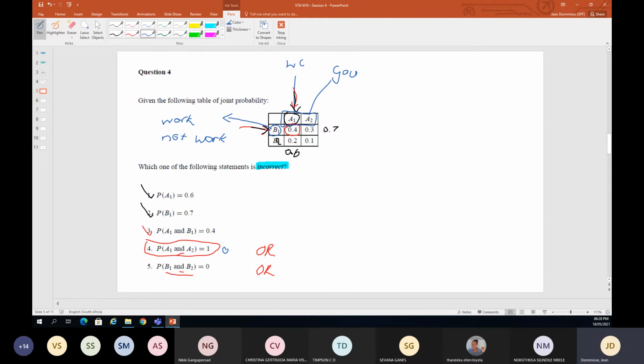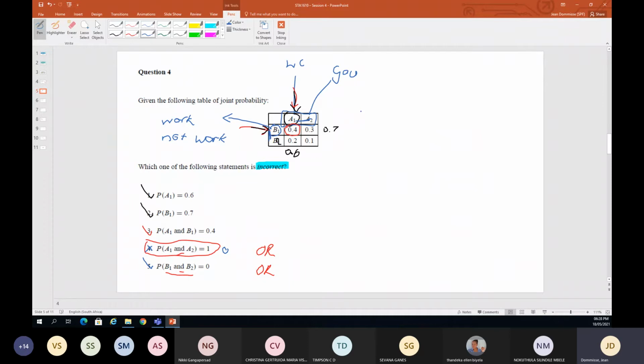You can only be in one. So when it is looking at the two that are next to one another, it's always mutually exclusive. You can't be the one and the other one. And that is why it's always 0. Okay, so that one would have been the incorrect one, while that would have been the correct one. So basically you can't be A1 and A2, so it's always equal to 0.